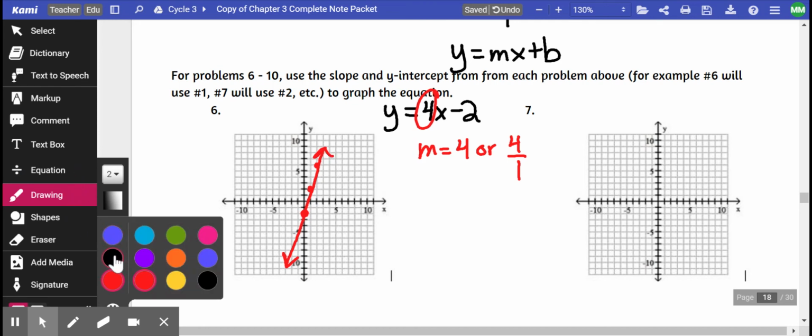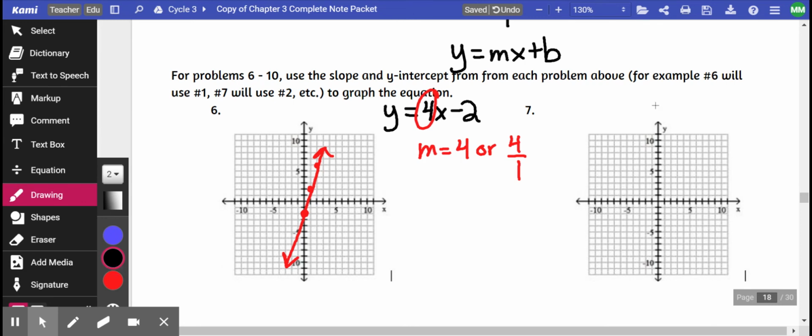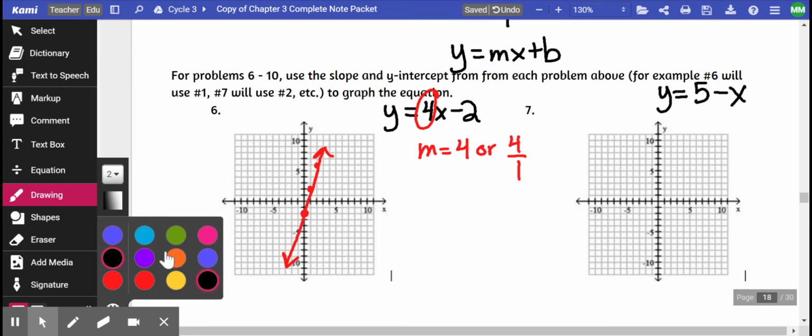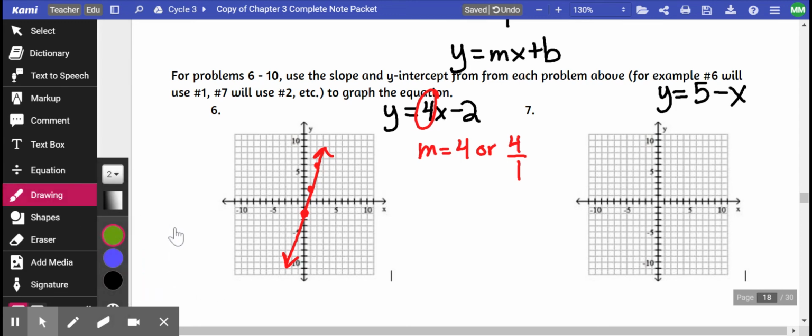All right, for the next one, number 7, we're going to graph y equals 5 minus x. For this one, my slope is -1 or -1/1, and my y-intercept is at (0, 5), because we have a positive 5.